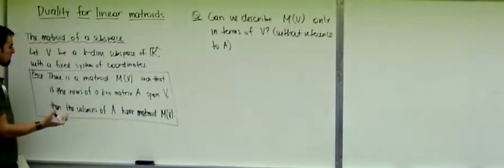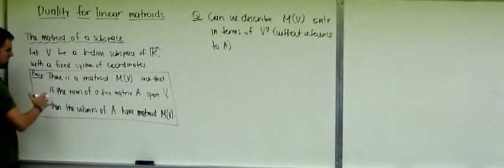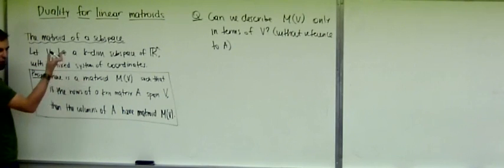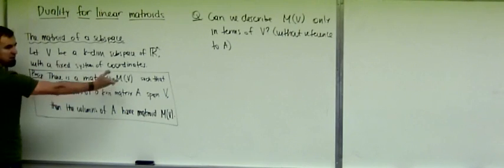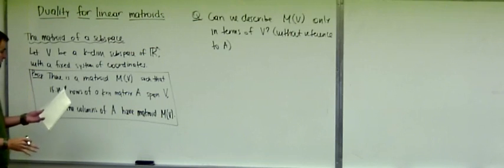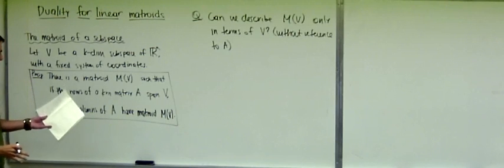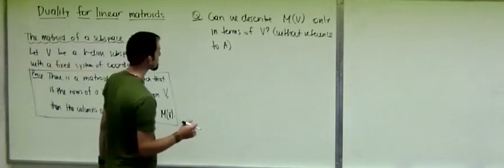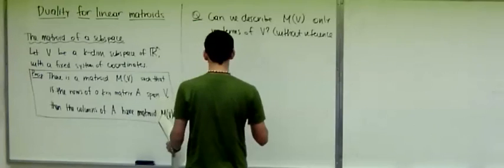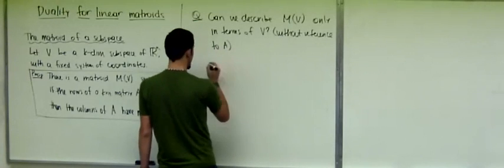Because remember, what we did is we defined this matroid M of V as the matroid on the columns of any matrix that generates V. But I would like to talk about how we can actually describe this M of V without talking about the matrix, just talking about the vector space. And so this is what I'm going to do.